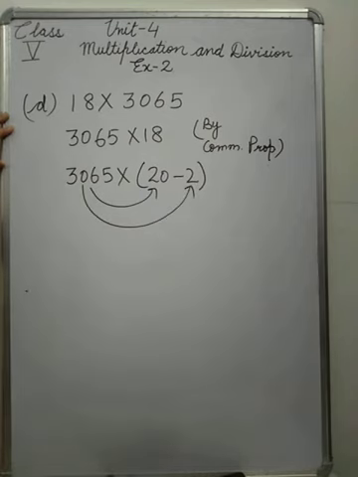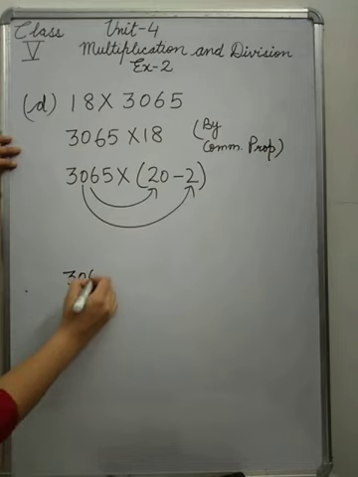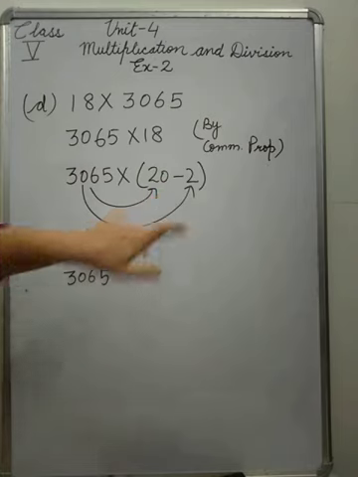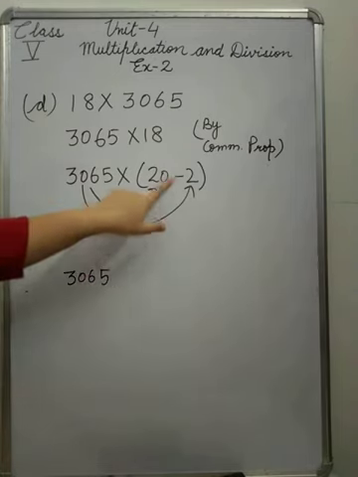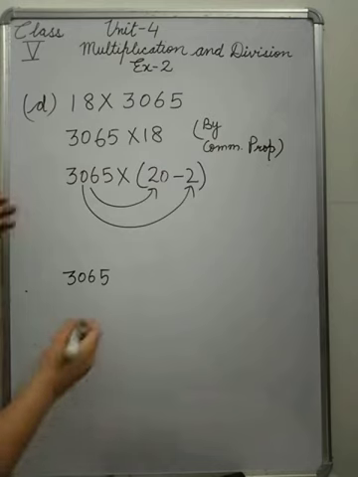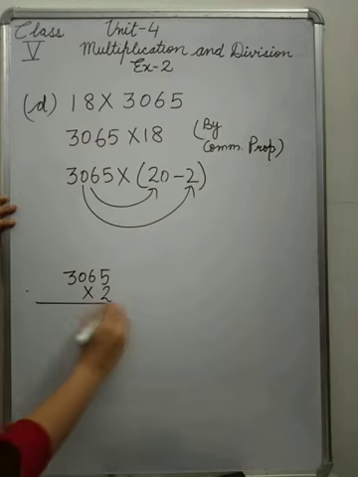Now take this one here. 3065 into 20. You cannot multiply with 20 directly. You will multiply with 2, and in the answer you will put 0. We have done that in the last. So 3065 into 2, multiply this.